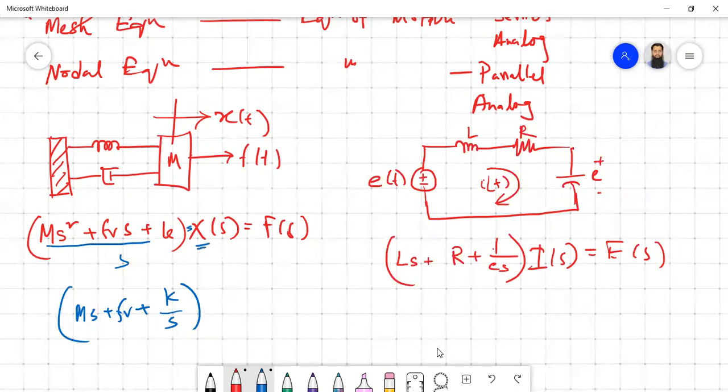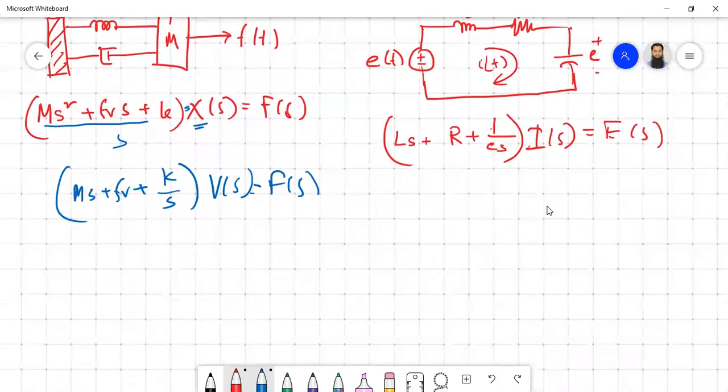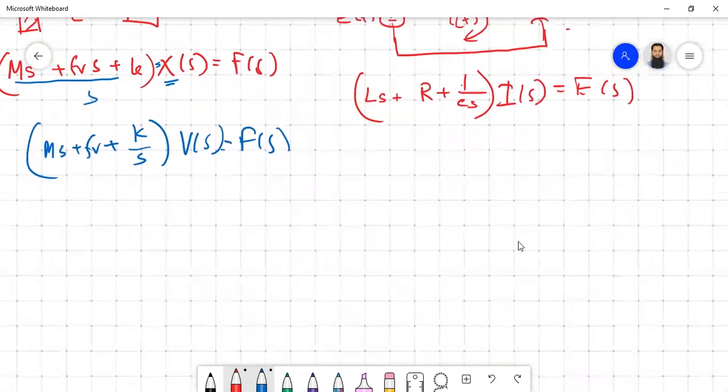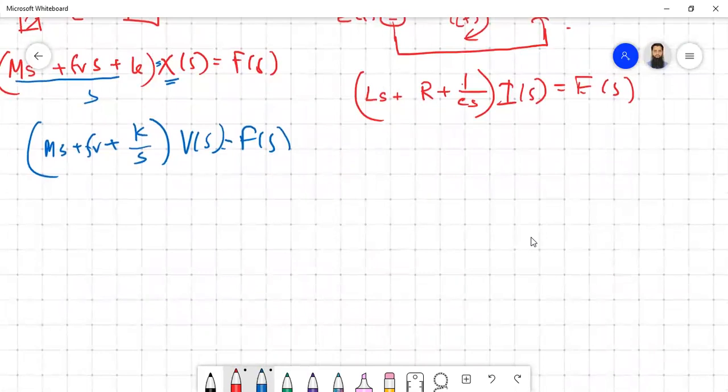So linear displacement and linear velocity V(s) equal to F(s). Now, actually, you can compare these two equations. If you compare these two equations, they are almost identical.